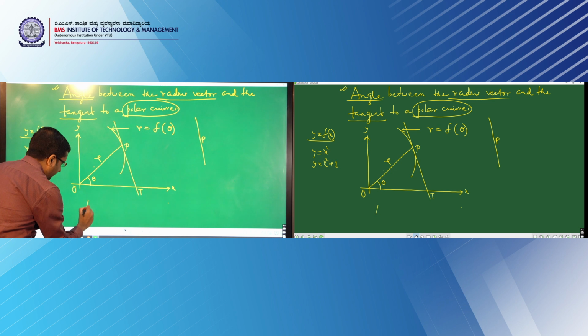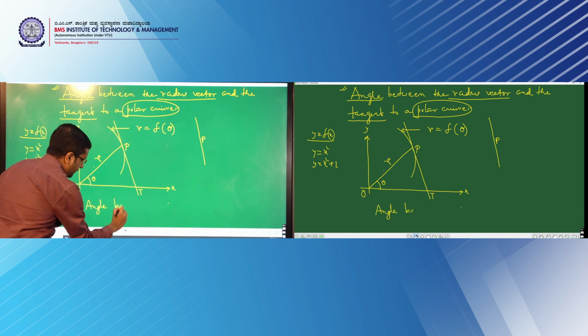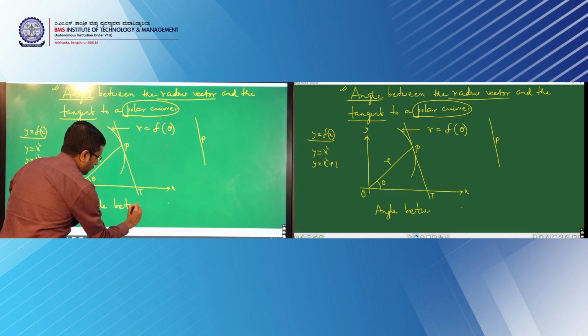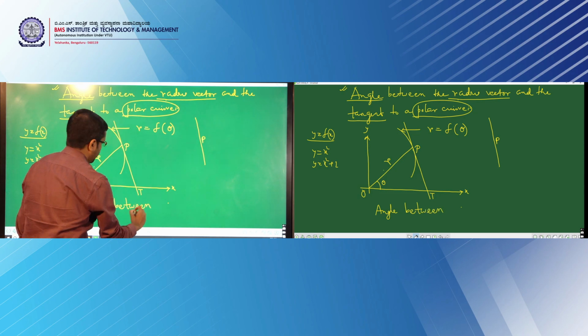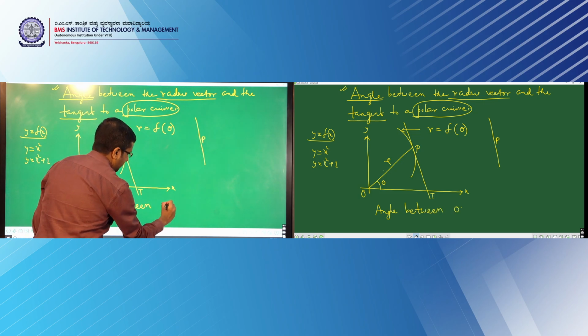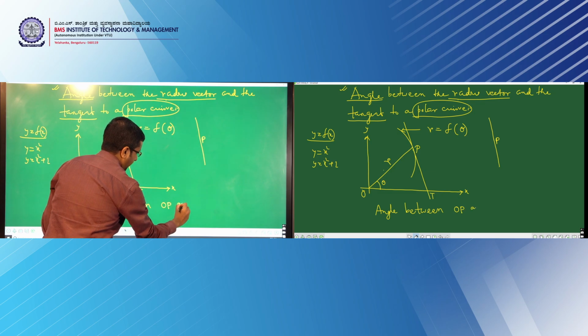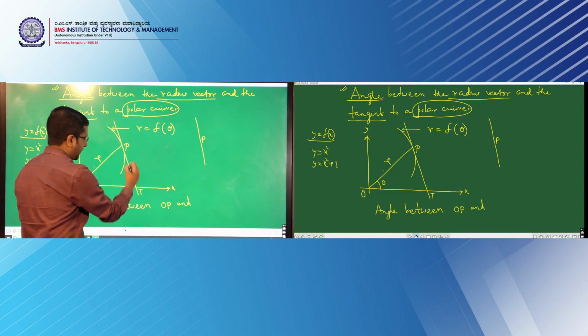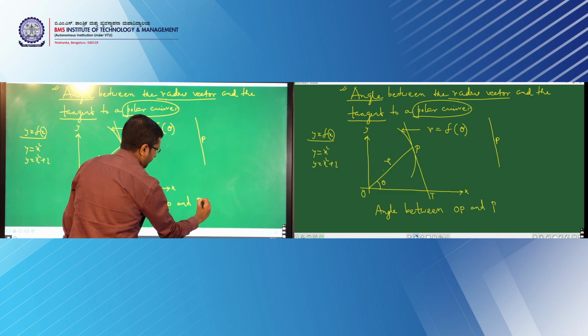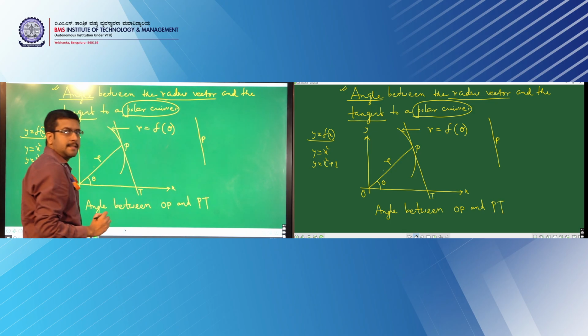First, it should be very clear what we are going to find. The angle between the radius vector, meaning OP, and the tangent, meaning PT.